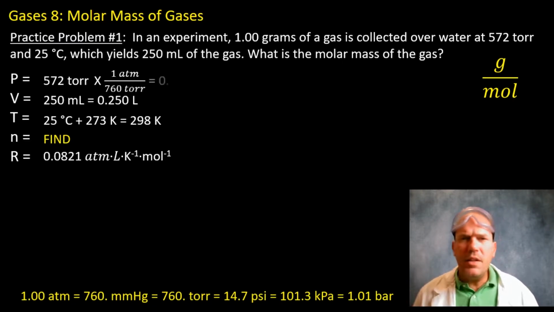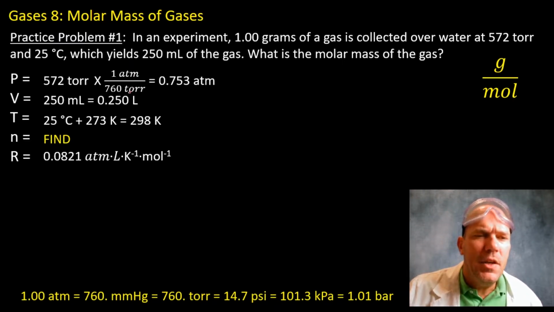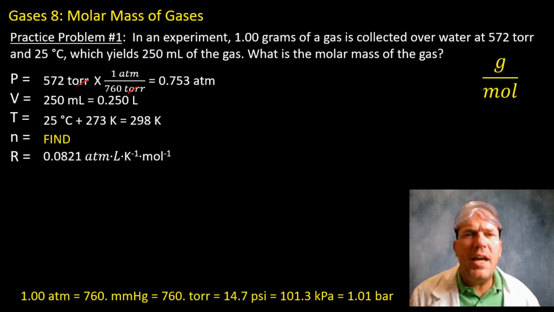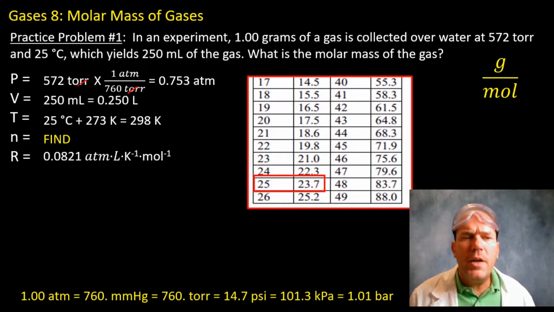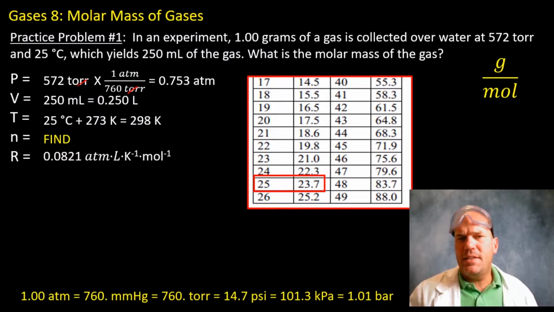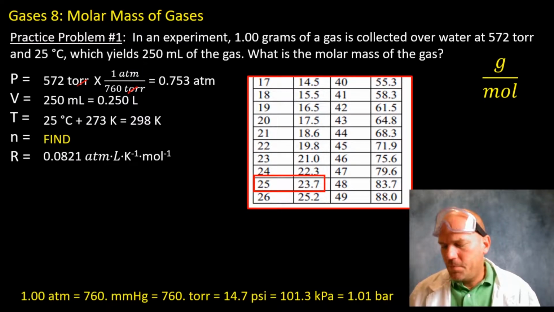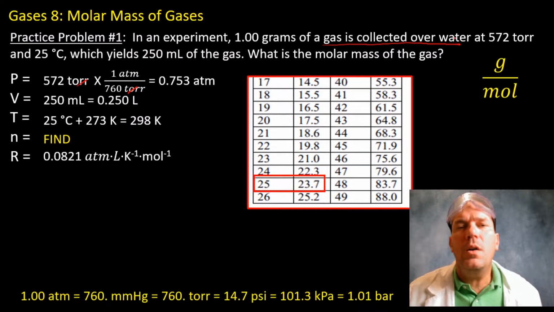So let's do the usual. Let's convert torr to atmospheres using dimensional analysis and the fact there are 760 torr in 1 atmosphere. We've already converted Celsius to 298 Kelvin. However, we have a gas that is collected over water.